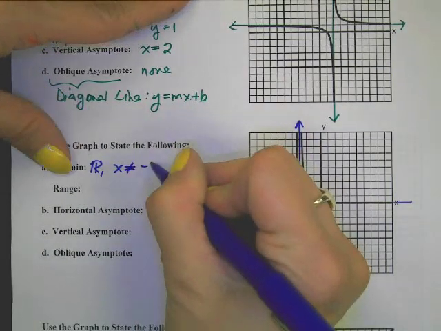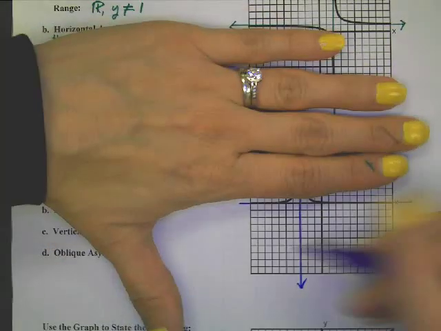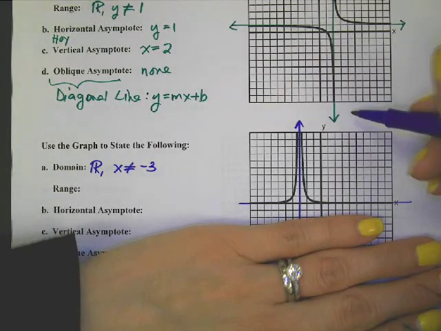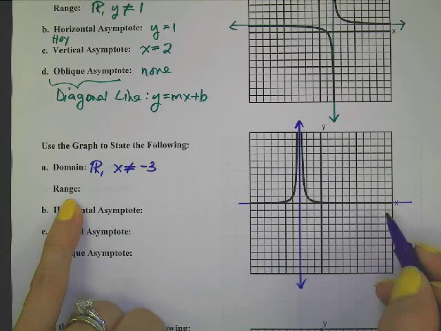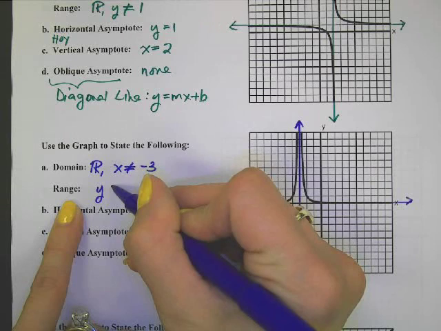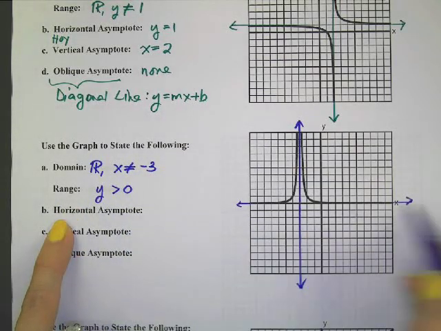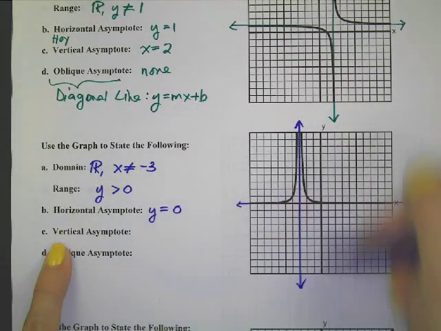Yeah, -3. The range. Well, I don't even see any graph at all down here. The graph is all completely up there. The question is, does the graph touch 0? And the answer is no, it does not touch 0. That is an asymptote. So y has to be greater than 0.